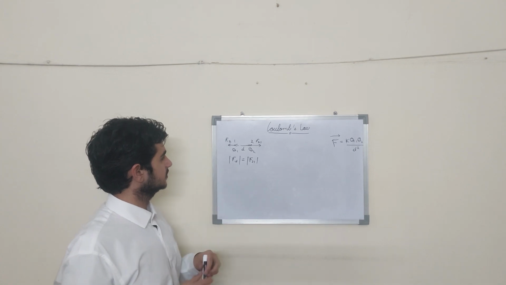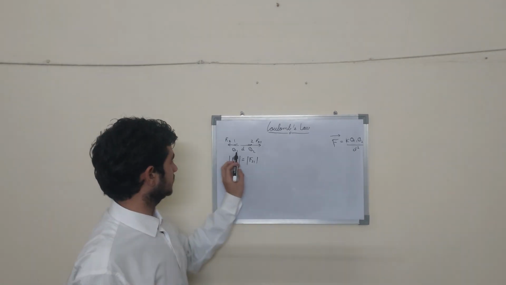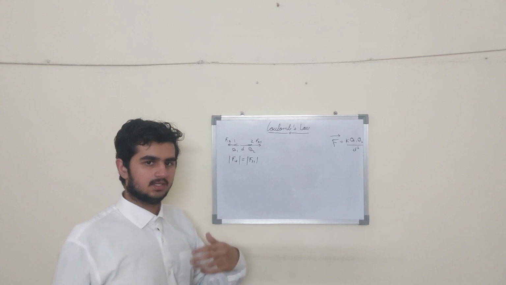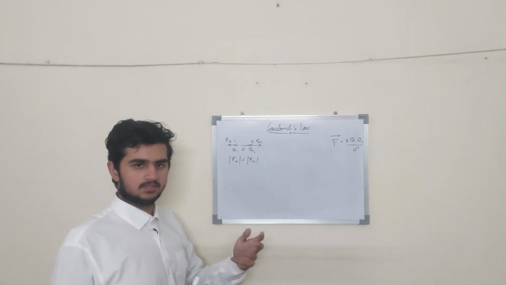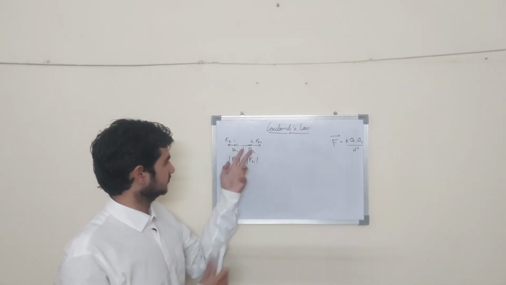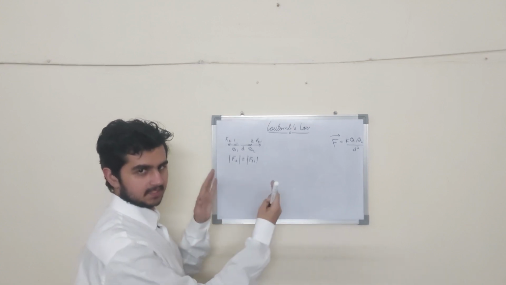And next, let's say that Q1 and Q2 are like charges. Suppose both are positive or both are negative. So the force would be acting outwards because they would be repelling each other.